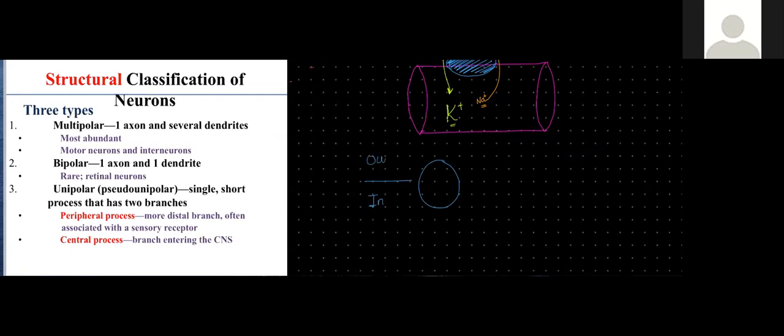This is outside of the cell. The pump is normally facing the inside of the cell. It's going to be binding to 3 sodium. And in order to move them out of the cell, it needs to hydrolyze an ATP. So it has a site where the ATP is going to be binding and gets hydrolyzed.